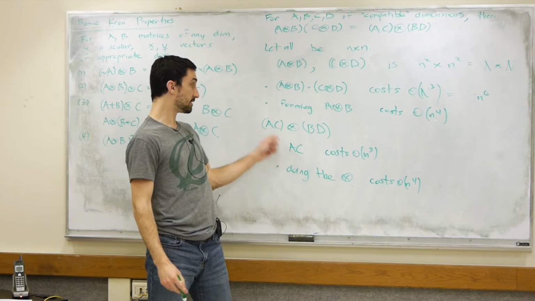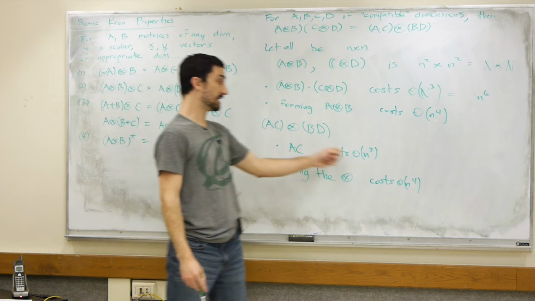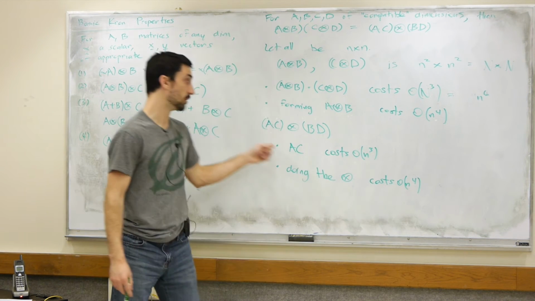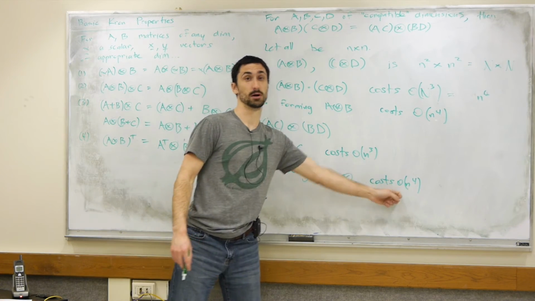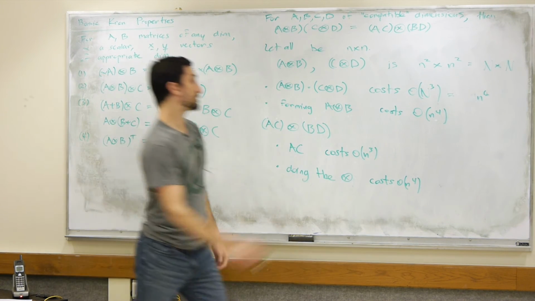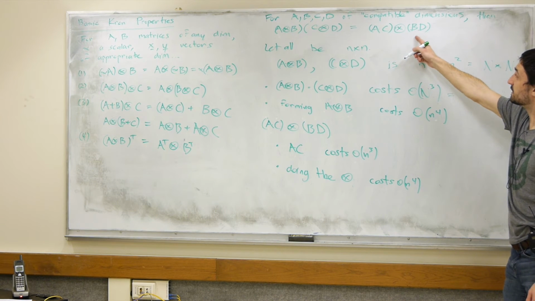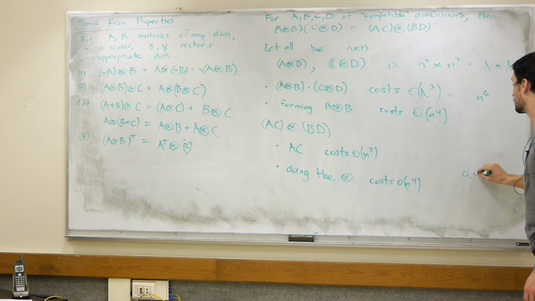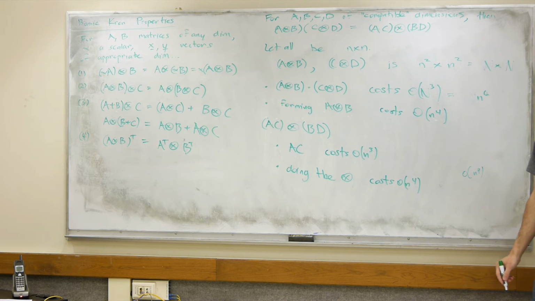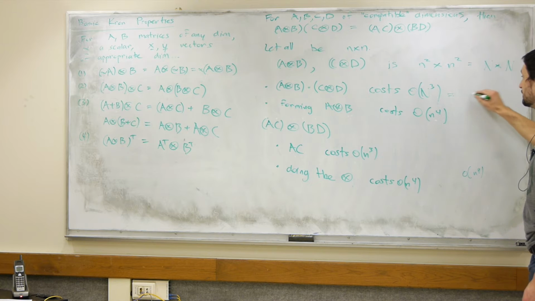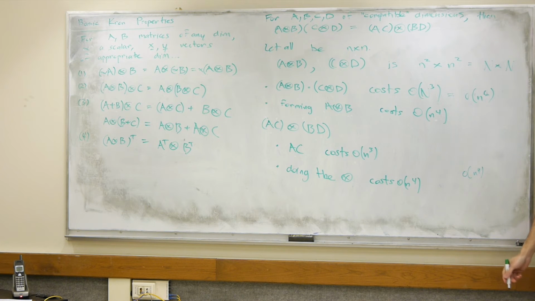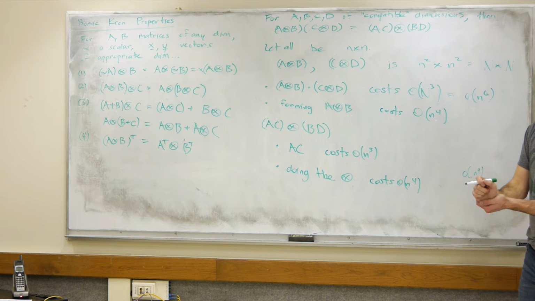So the standard matrix multiplies here aren't even the most expensive part; forming the Kronecker itself is the most expensive part. So the total cost of the right-hand side is n to the fourth. The total cost of the left-hand side is n to the sixth. So that's already a pretty big speed up just from taking advantage of Kronecker product structure.